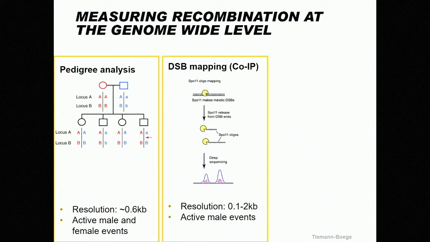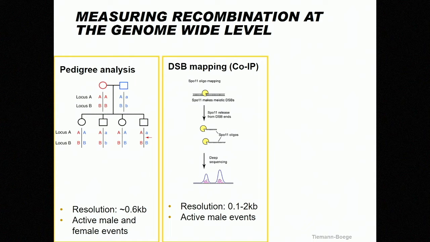And SPO11 sequencing gives us an incredibly high resolution because these small oligos are about 50 to 100 nucleotides long. You can even see where the upstream and downstream oligos are, so you also have directionality.